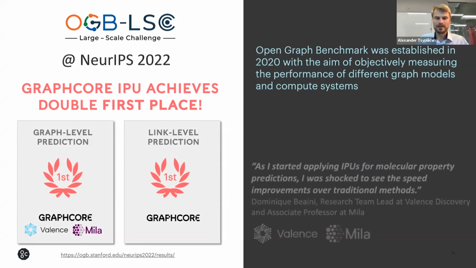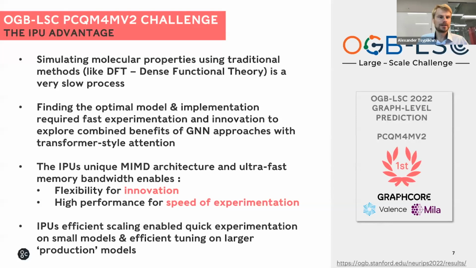So this is a proof point that IPUs can deliver very interesting performance characteristics for graph neural networks.